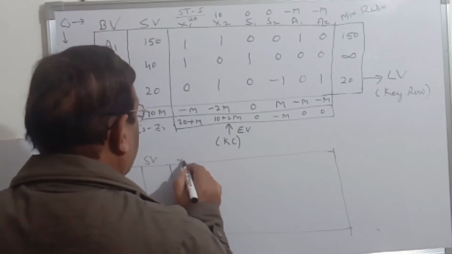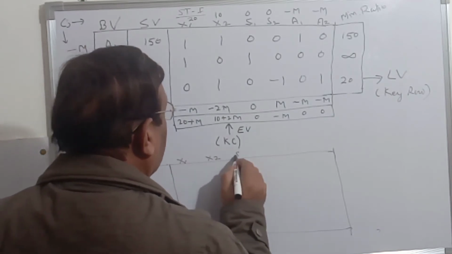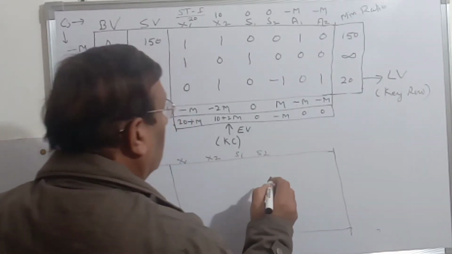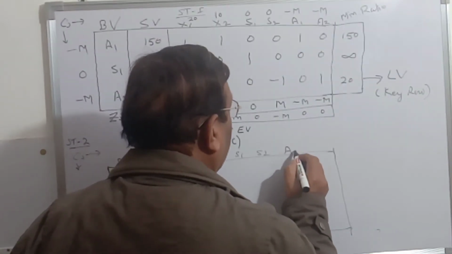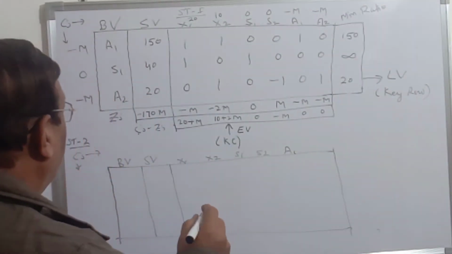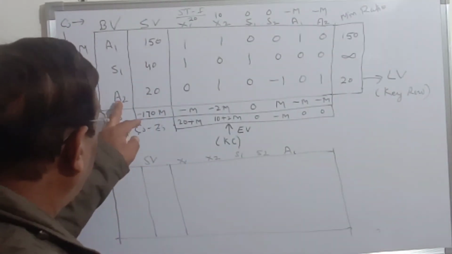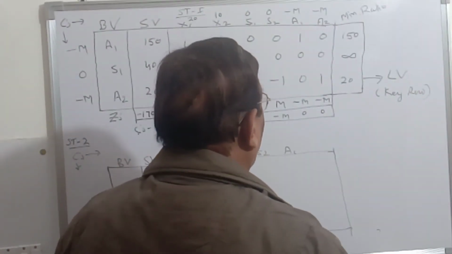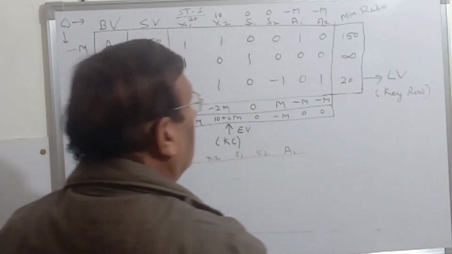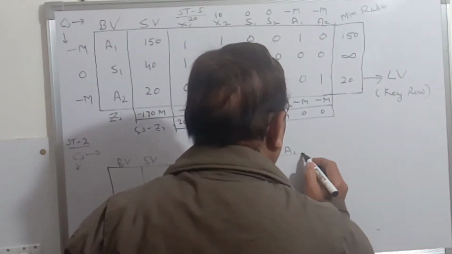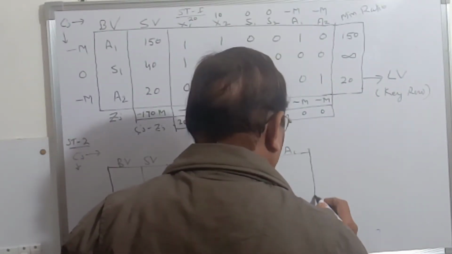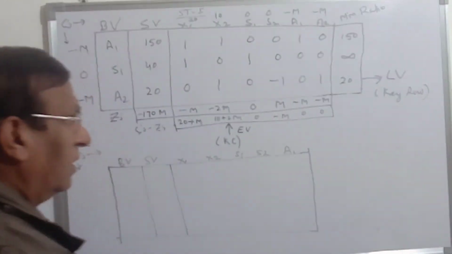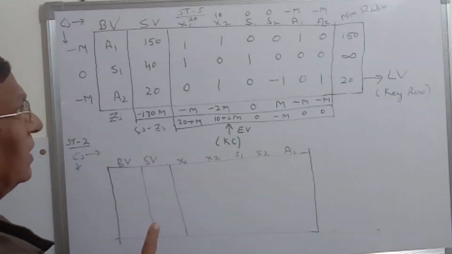Here it is x1, x2, s1, s2, a1. Now you are leaving a2, so you can delete this column a2. There is no need of a2. No artificial a2, only a1 will be there.